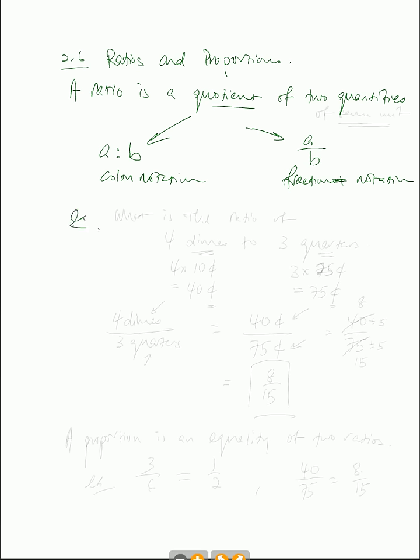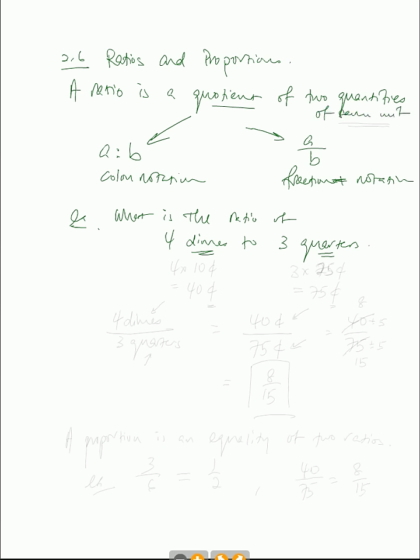Take for example, if I ask you what is the ratio of 4 dimes to 3 quarters. Now, the trick about ratio is they must be two quantities of the same unit.